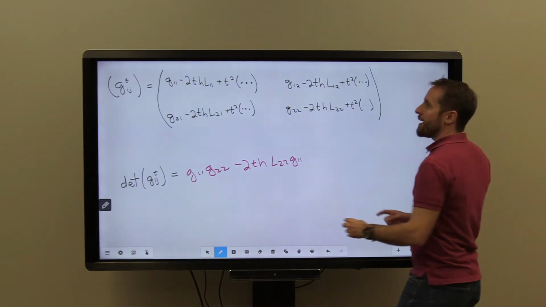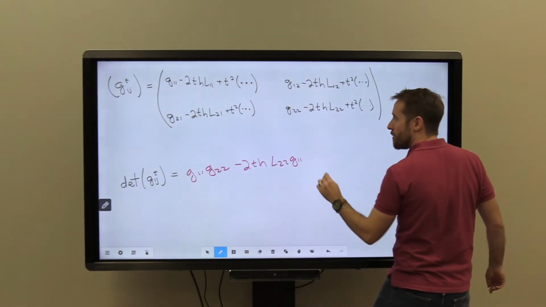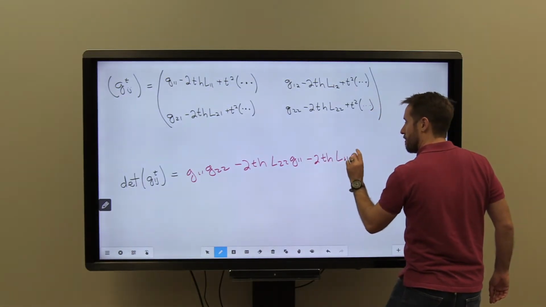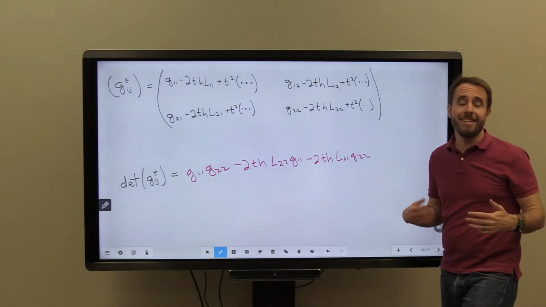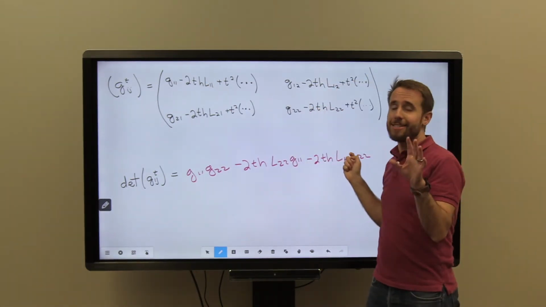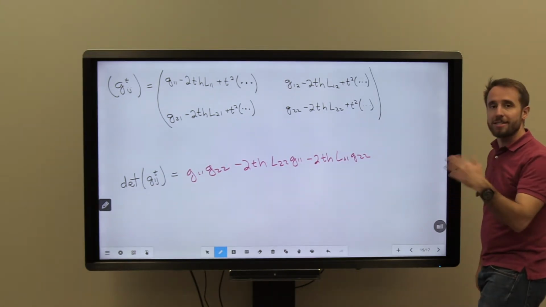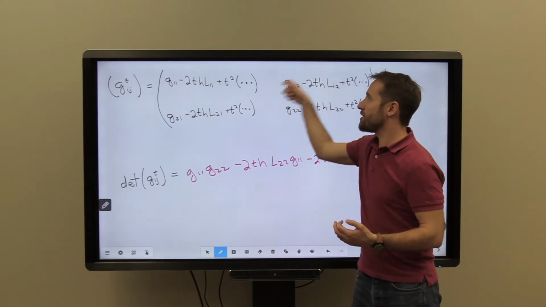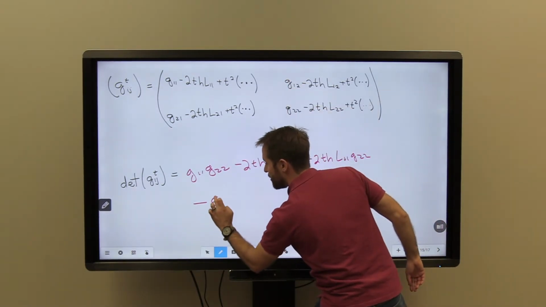What else will I get? I'll get a negative 2th G22 times L11. And everything else will have a lot of t's on it. Even if I multiply this term by this term, I'll end up with at least a t squared in there. So for the moment, I'm going to ignore that. That will be just plus t squared times a bunch of stuff. When I go to do the minus direction, it'll be the same thing. I'll end up with a minus G12 times G21.